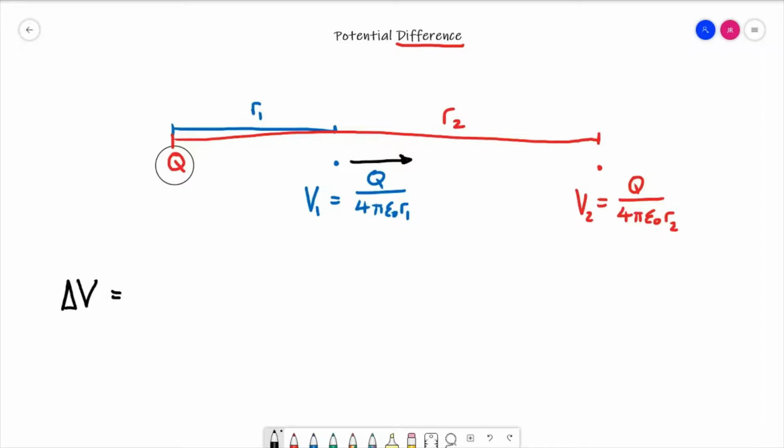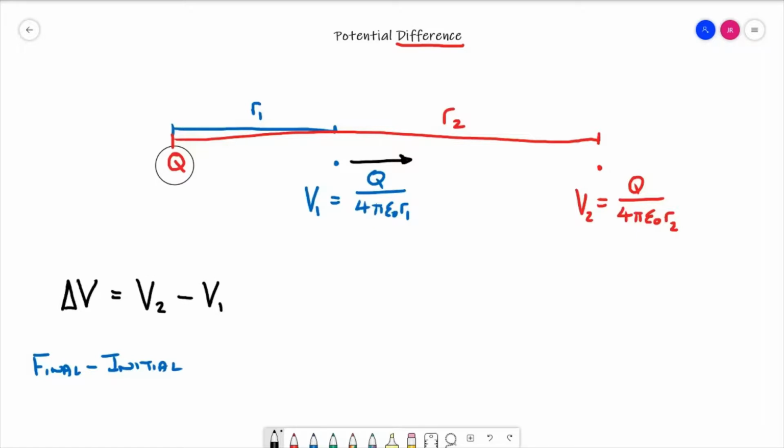Whenever we're calculating anything with delta, we are always going to take the final value and subtract from it the initial value. So in our equation here, delta V becomes V2, that's our final value, minus V1, that's our initial value.